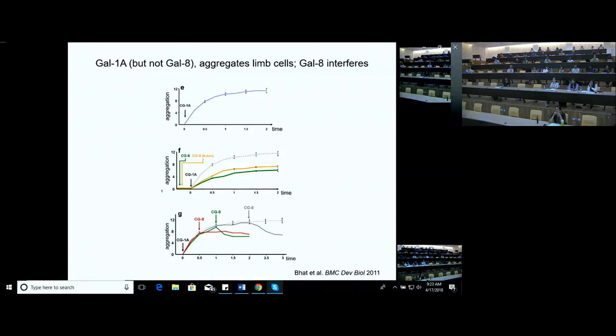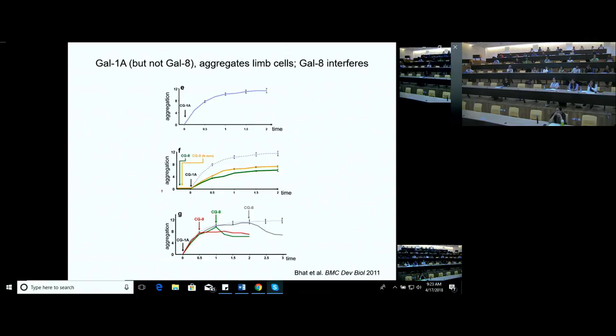Now, another thing that I should point out is that we also, you could refer to the paper, I'm not going to go into all the details, but we could also look at the effect of these galectins on the cell surface binding component. These are poorly characterized.